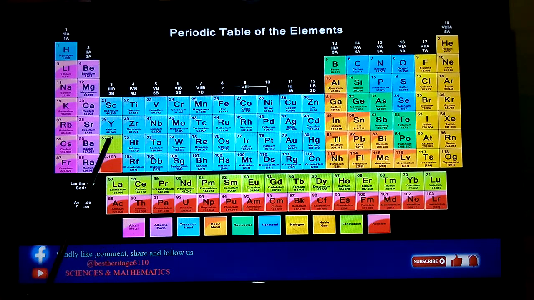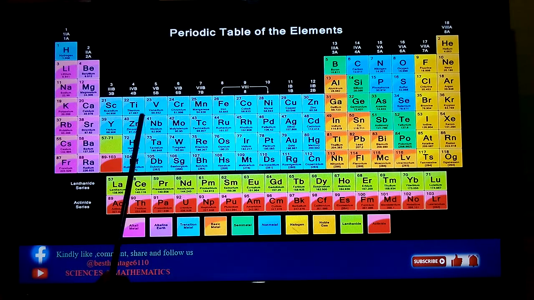Now, there's this segment of elements in group number 3, which have been given these 2 color codes. The expansion of this has been given under these 2 series, which I'm indicating, which show what we call the lanthanide series and actinide series.